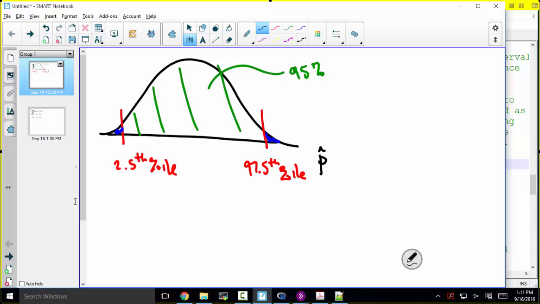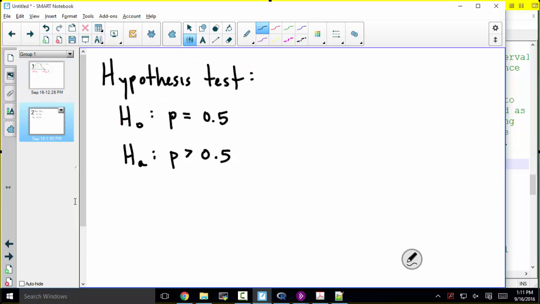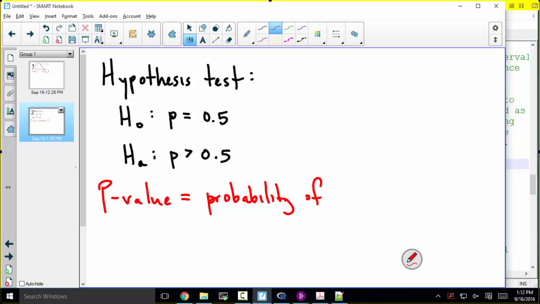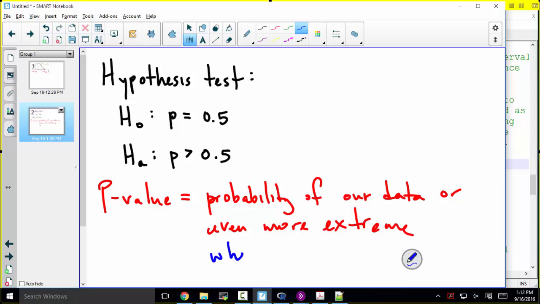A p-value is the probability of our data, or even more extreme, when the null is true.